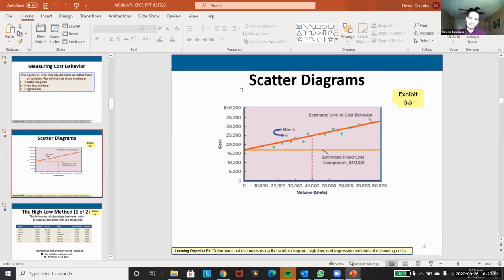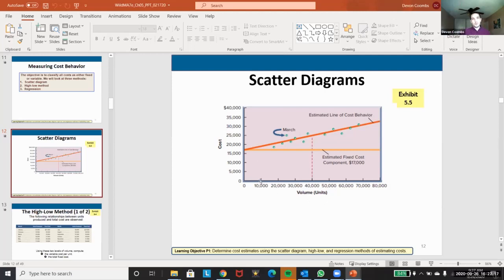So what we'll do is we can kind of do scatter diagrams as one method, where we go in and we'll just drop all of the costs like by invoice and see, based on our volume, how are our costs by volume, and where are we seeing it?